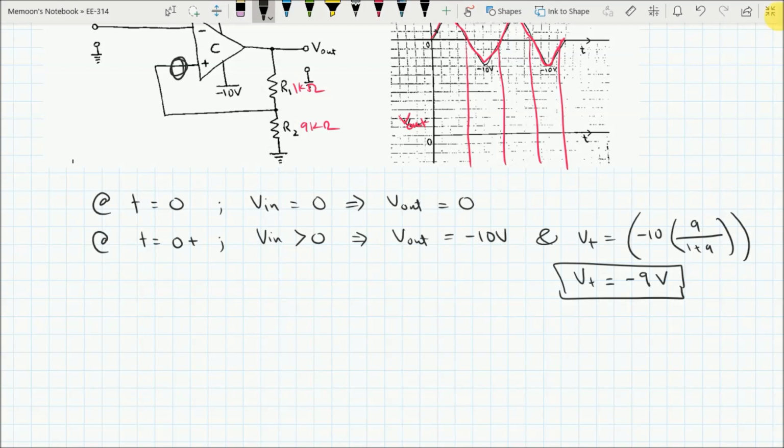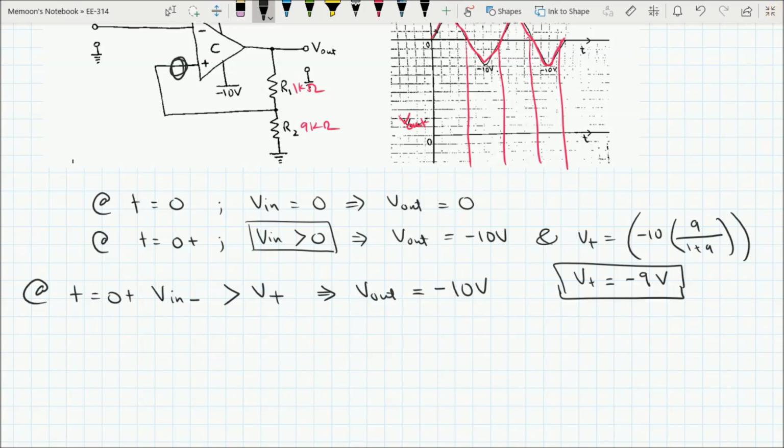And we can see here that your V in is greater than 0. It is positive and your V plus is less than 0, that is with a negative sign. So your V in negative is greater than V positive. This implies that your V out will remain equal to negative 10 volts at t is equal to 0 plus.